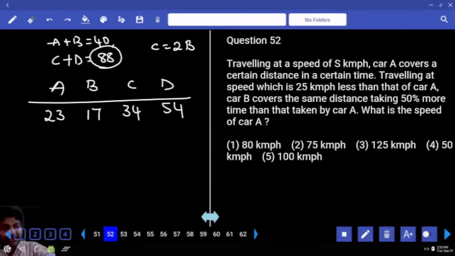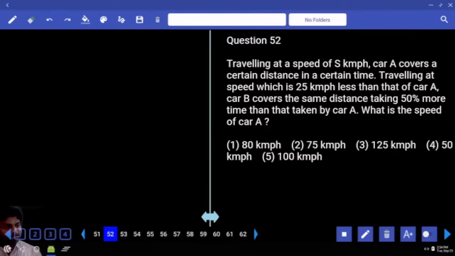Traveling at a speed of S km per hour, car A covers a certain distance in a certain time. Traveling at a speed which was 25 km per hour less than car A, car B covers the same distance taking 50% more time than taken by car A. What is the speed of car A?